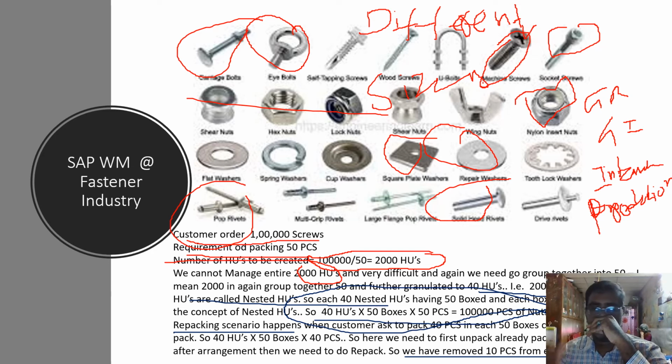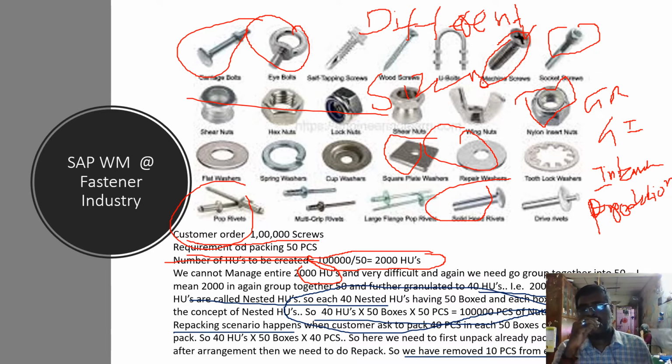So now these 40 nested HUs are put away into the warehouse bins, and any location is assigned to the HU suggested by the system. And please remember, these handling units are assigned to the particular sales area in the sales header, in the sales area of the sales order.